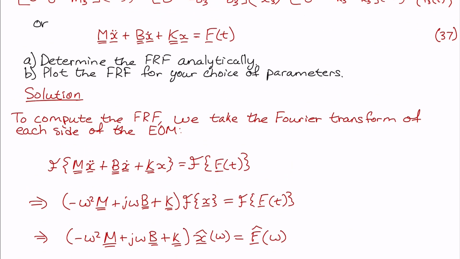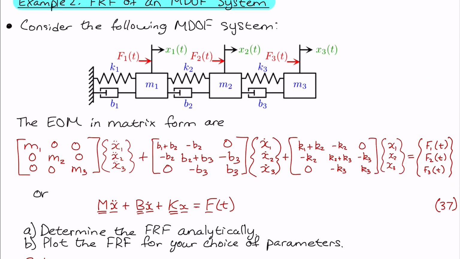Meaning that if we come back up here, the first row of our frequency response matrix will be the frequency response function of that first degree of freedom with respect to each of those three forces. And then the second row will be the FRF of the second degree of freedom with respect to those three forces, and so on. And then this extends to n degrees of freedom as well.